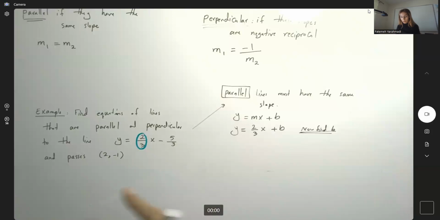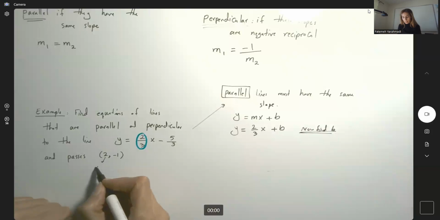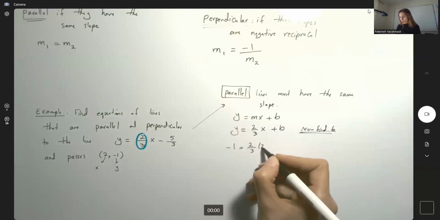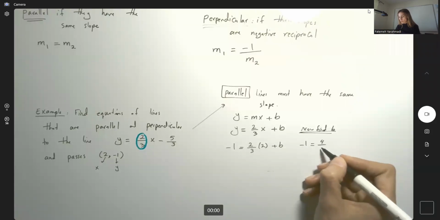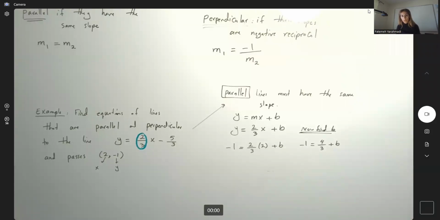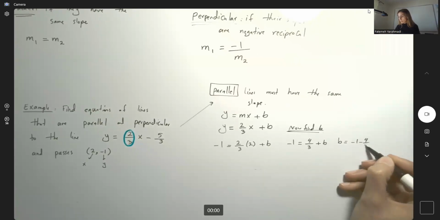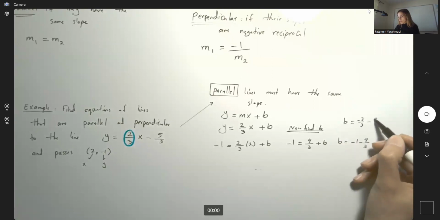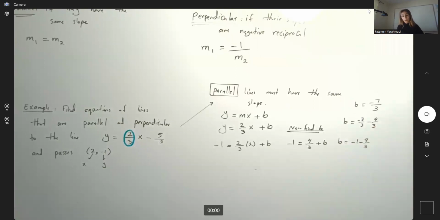To find b, we're going to use the point on the line. It says, hey, my x is 2, my y is -1. So -1 is equal to 2/3 times 2 plus b. So -1 is 4/3 plus b. So b is equal to -1 minus 4/3, and b equals -3/3 minus 4/3, or b is -7/3.